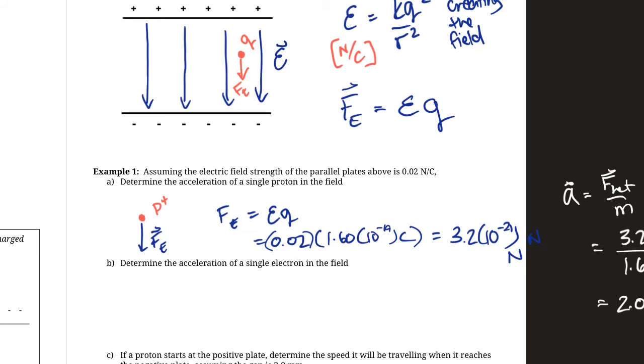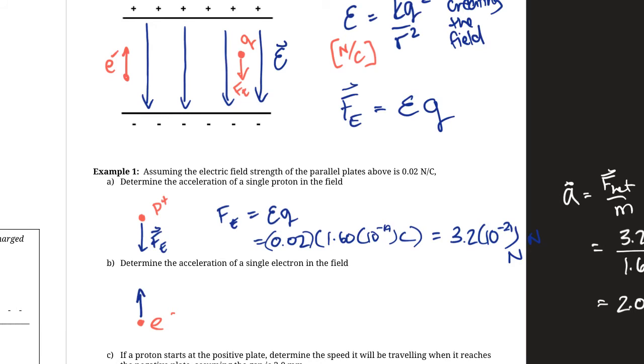So instead of moving down in that field, an electron is actually going to move up in that field, right? So if we have our electron here, the force on it is in the opposite direction. And we can just do that by looking at it. It's in the opposite direction of the electric field. And that's what electrons do. They go in the opposite direction of the electric field.